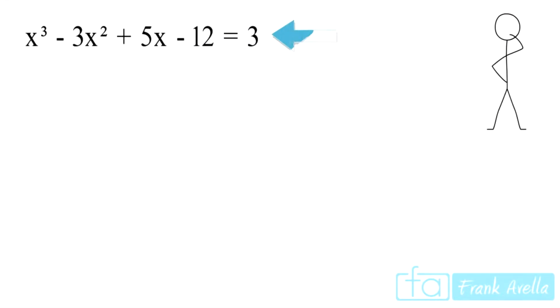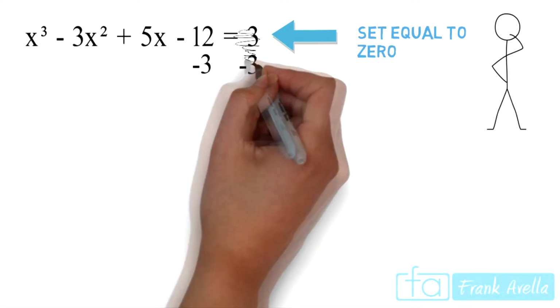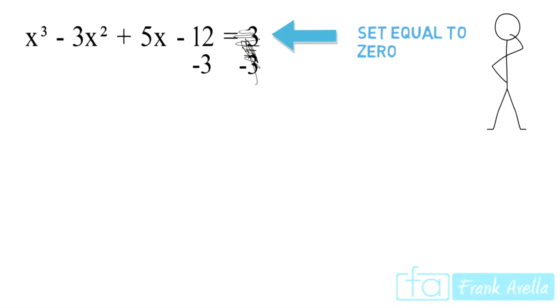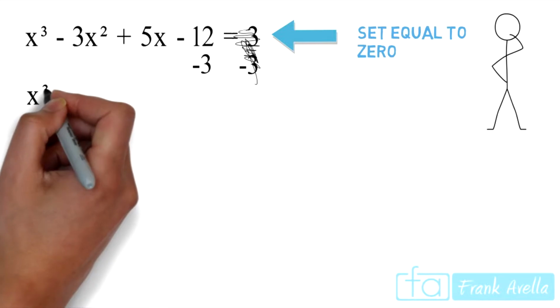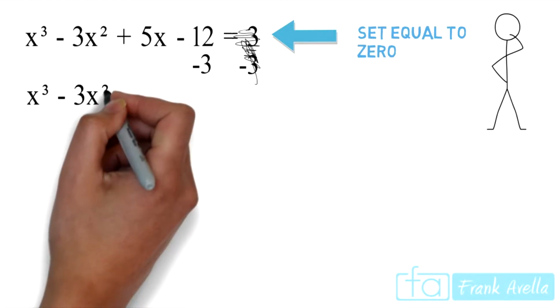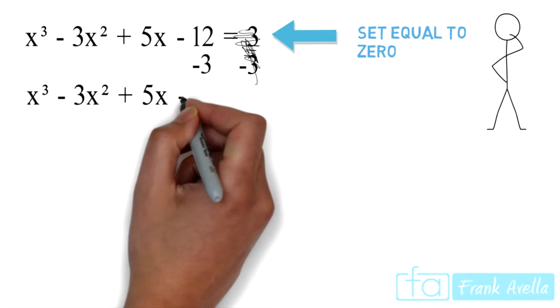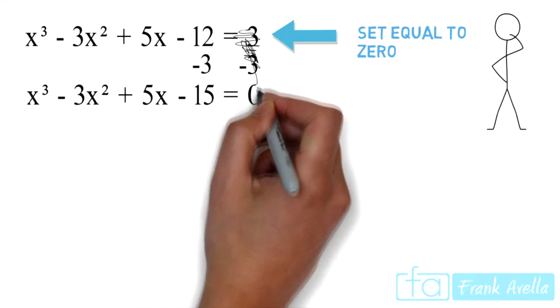And the first thing you should notice is that the equation is not set equal to 0. So let's set this equal to 0 by subtracting 3 from both sides of the equation. X to the third power minus 3x squared plus 5x minus 15 equals 0.